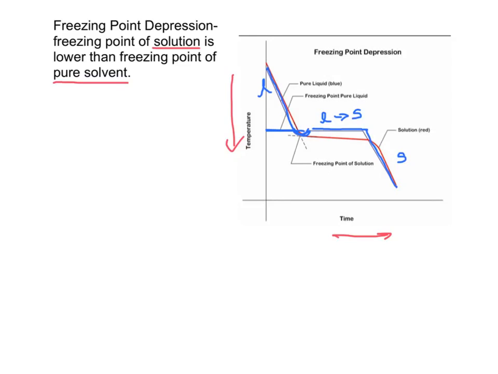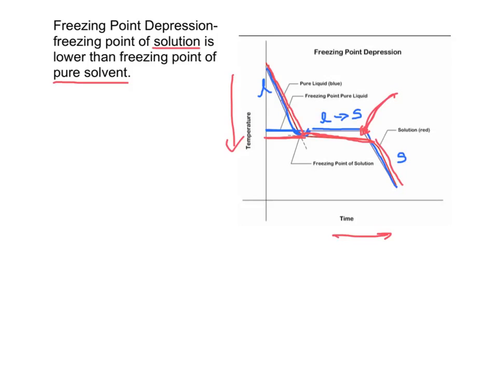If I do this with a solution, though, it actually goes a little bit lower, and it never quite levels off, and then it goes down again. And so now your freezing point is going to be a little bit lower. Why does it never level off there? Well, as it freezes, some of the solvent turns into a solid, so the solution that you have left becomes more concentrated.